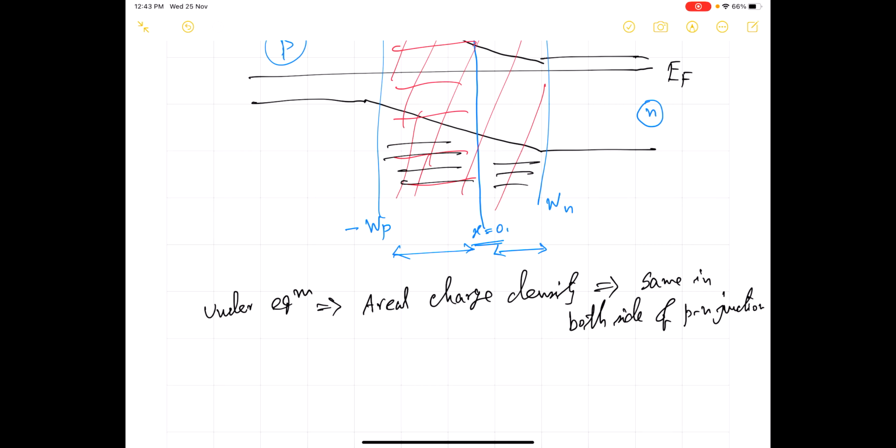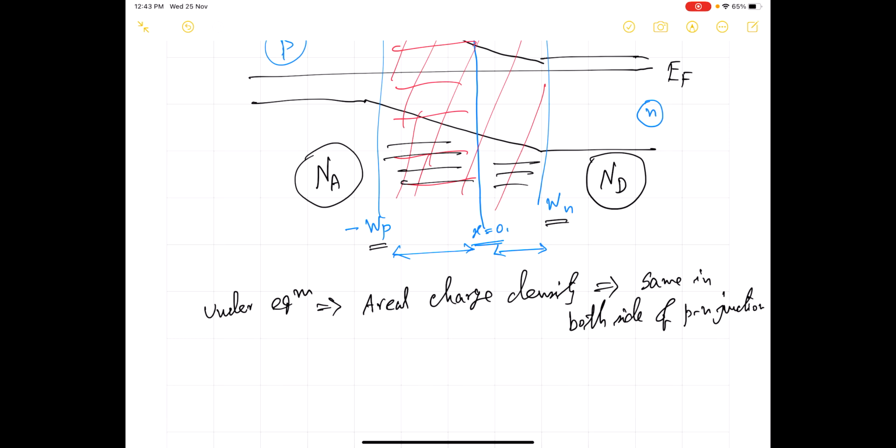So how to calculate the areal charge density? As I explained, Na is the acceptor carrier concentration in the P side, whereas Nd is the donor carrier concentration in the N side. The width is Wp here and Wn there.